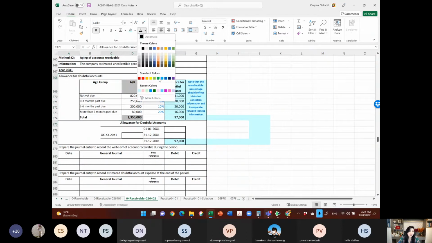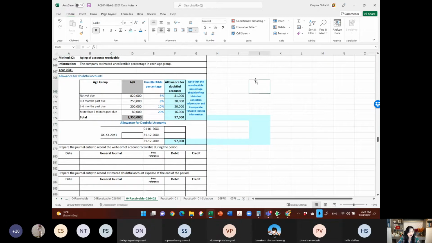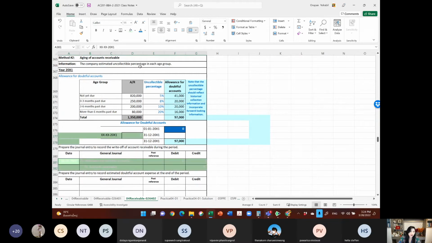So from this calculation, you know that the ending balance of this allowance is 97,000. And this is the first year, so there's no beginning balance. According to the information given, for this first year, there's no write-off as well. So when there's no write-off, actually you can say no entry.